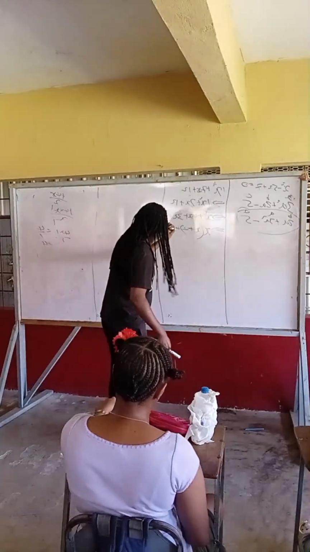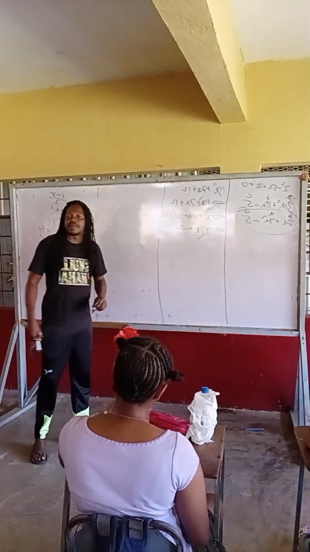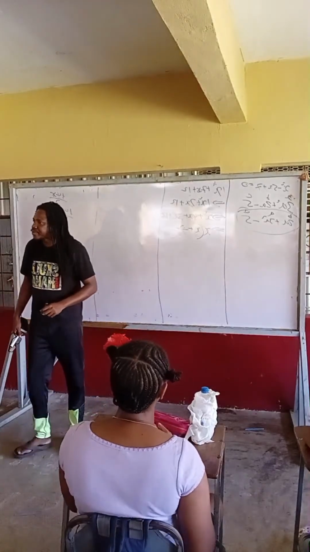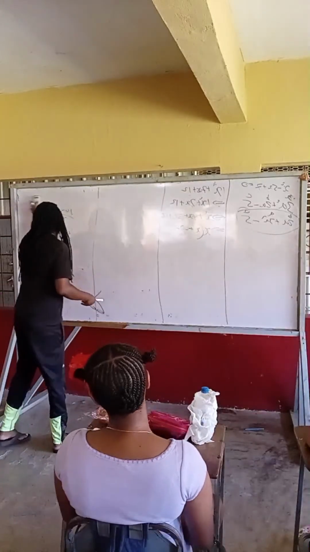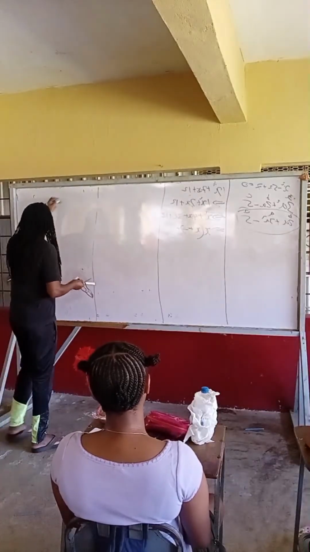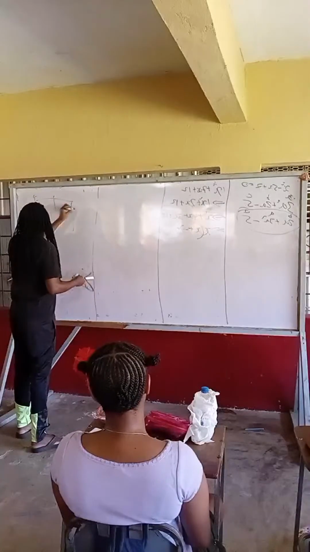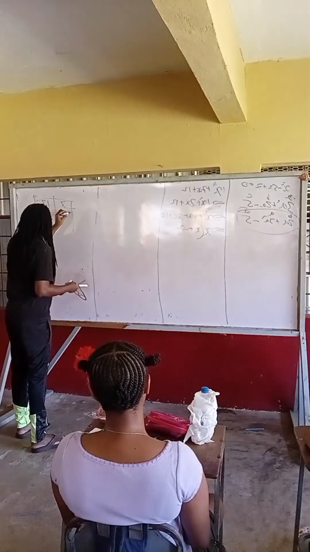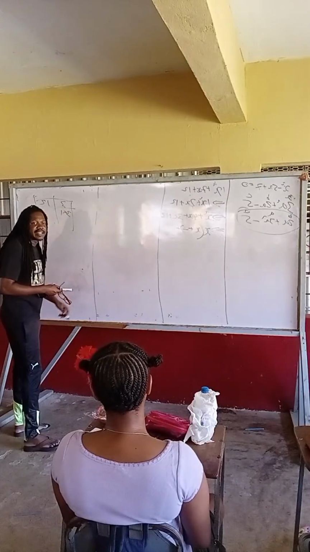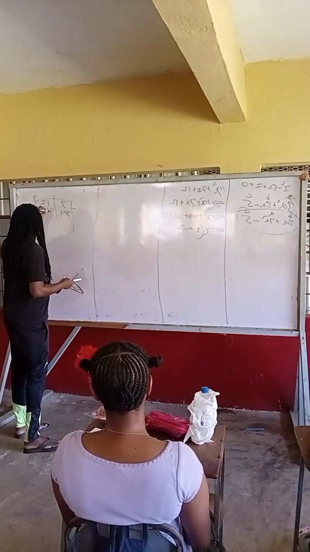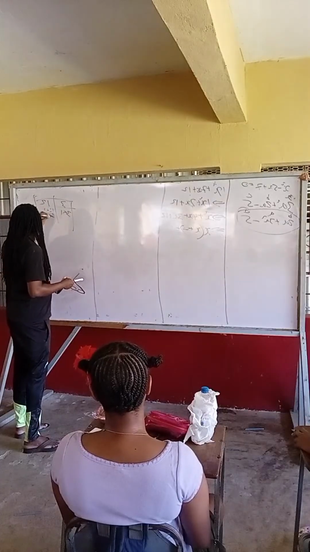So you go plus. What number is common between 3 and 12? Come over here, rough work. You have 3 and you have 12. 3 is 3 times 1. Is there anything else? Alright, 12 is 12 times 1. It is 6 times 2.